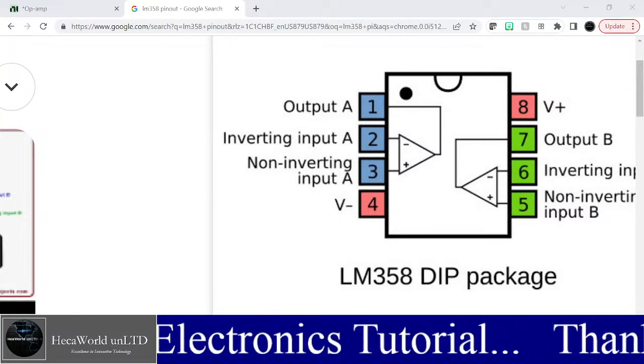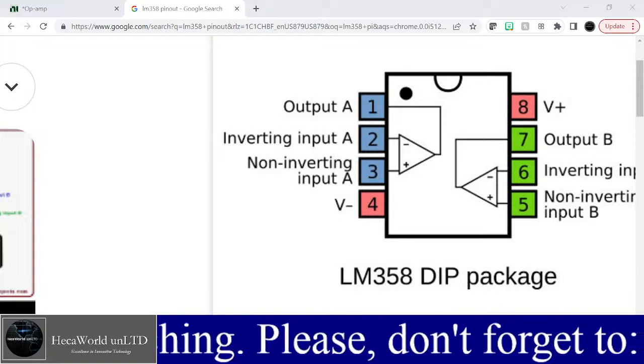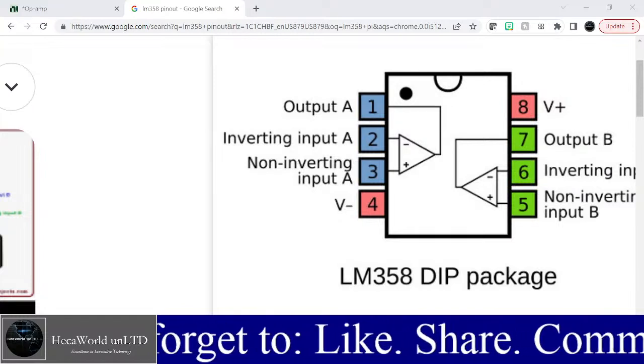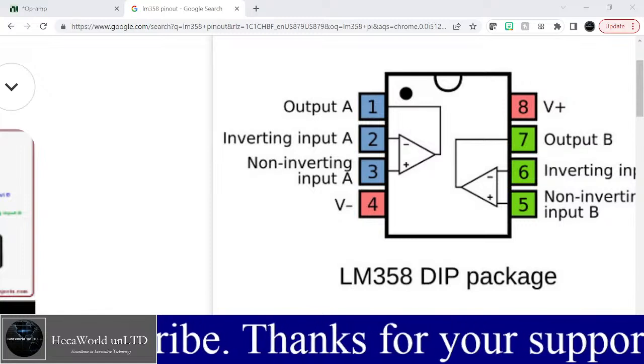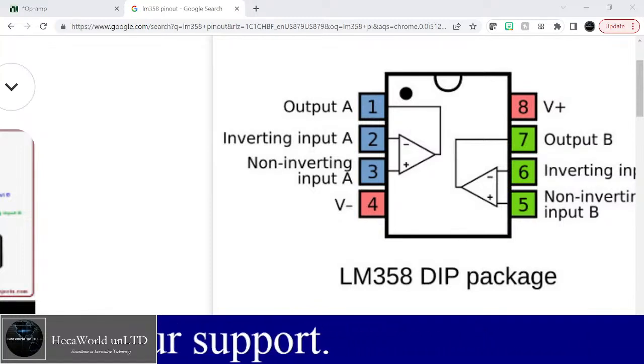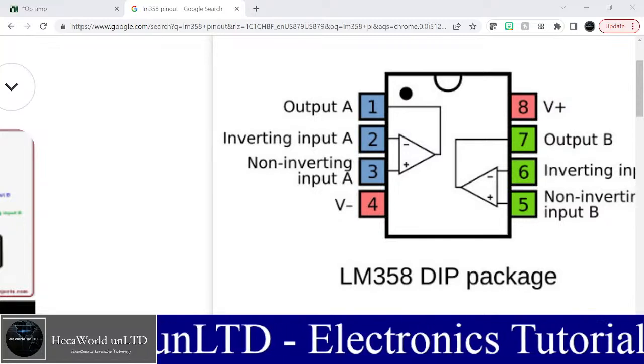Pin 1 is an output, so also pin 7, sorry. Pin 2 is an inverting input, so also pin 6. Pin 3 is non-inverting input, so also pin 5. So there are 2 op amps inside. That's why we call it a dual op amp. Dual inline packaging for this one here.